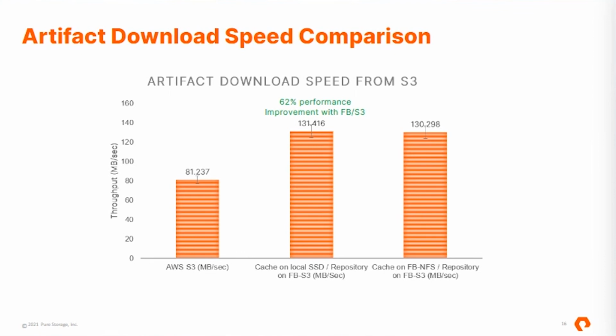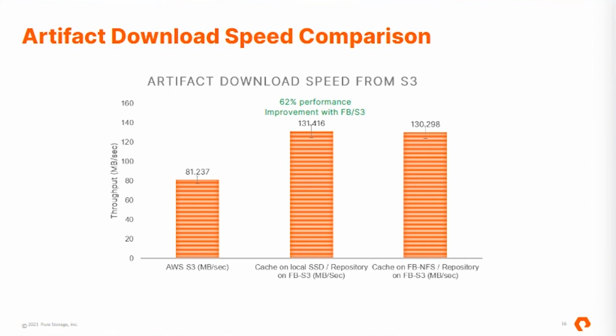But obviously, running it on FlashBlade was about 62% faster compared to Amazon S3. And that's the reason why we call it FastObject, because of the performance that we provide. So we've got a 62% improvement, but there is not much difference between the other two, and that was expected.